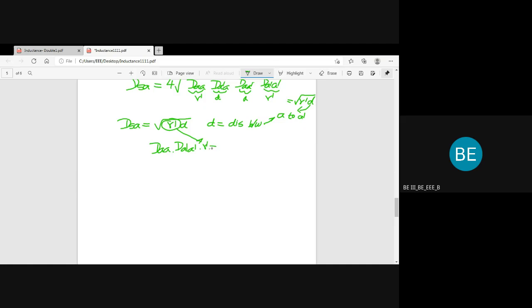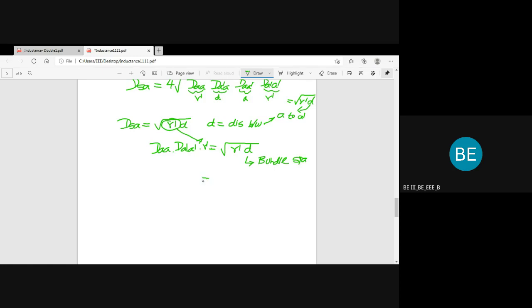So that I can write because of two bundle. So we have the formula square root of R dash D. So D is bundle spacing. So here D is bundle spacing.